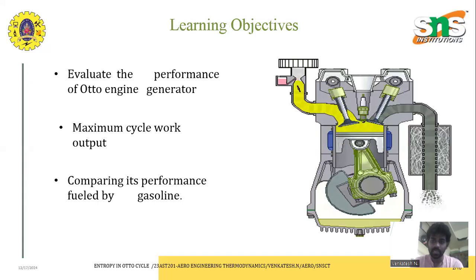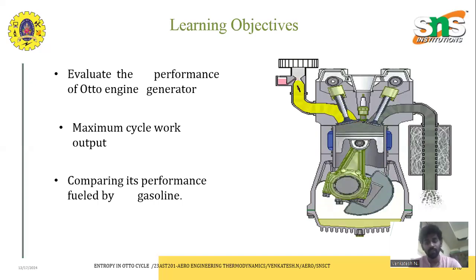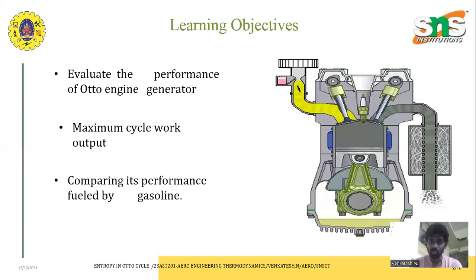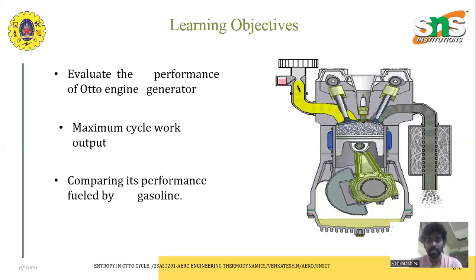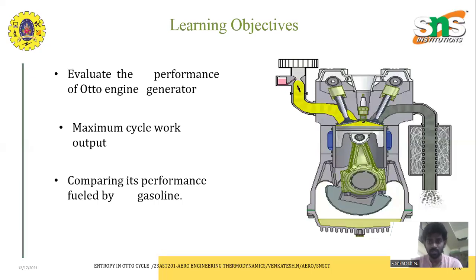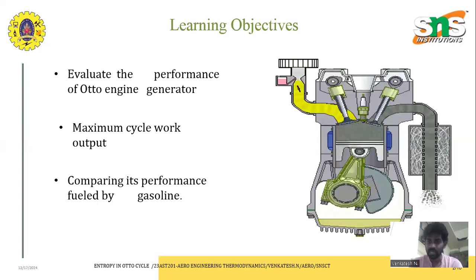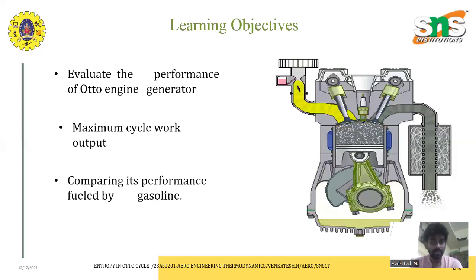So this is a graphic explanation of a two-stroke piston engine. The components of this diagram are the valve section, piston section, crankshaft system, camshaft system, connecting rod system, and the cylinder head.